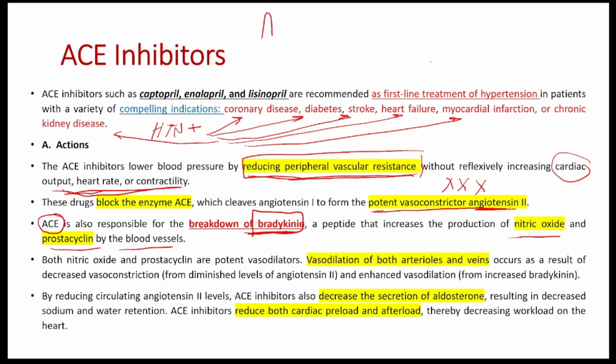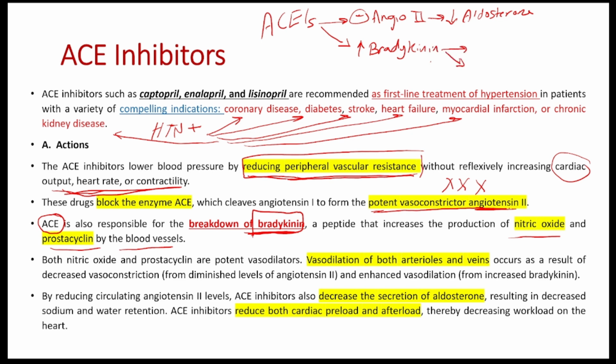The ACE inhibitors inhibit angiotensin 2, and this will lead to decreased formation of aldosterone. On the other hand, this will lead to increased formation of bradykinin.